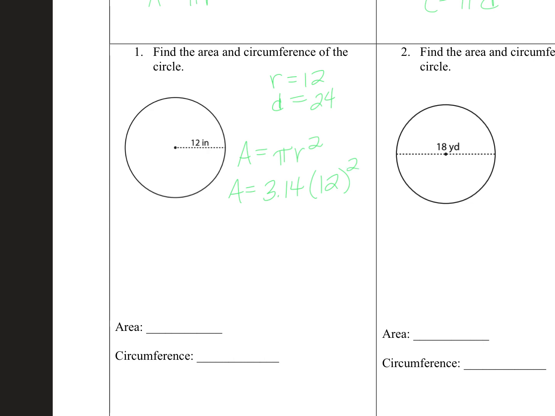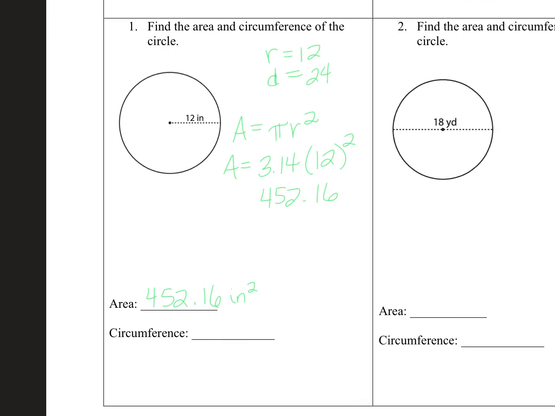Then you grab your calculator and type 3.14 times 12 squared. That gives us 452.16 inches squared. Remember the area is always square units.